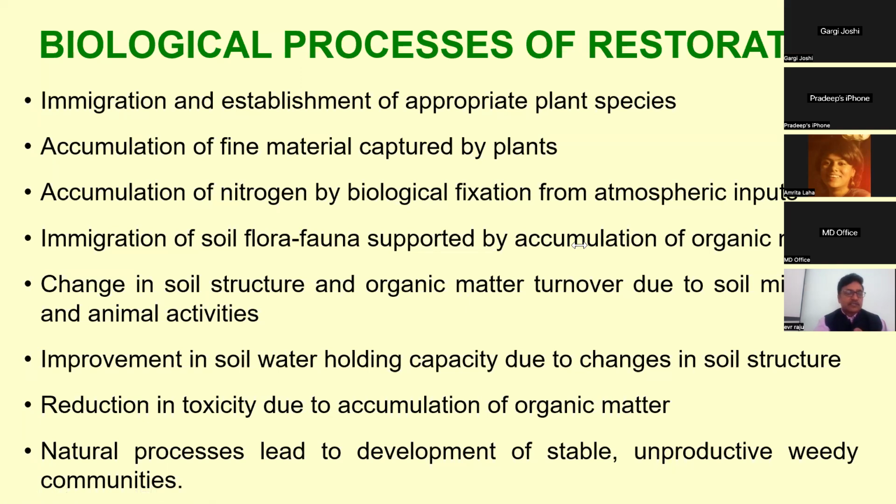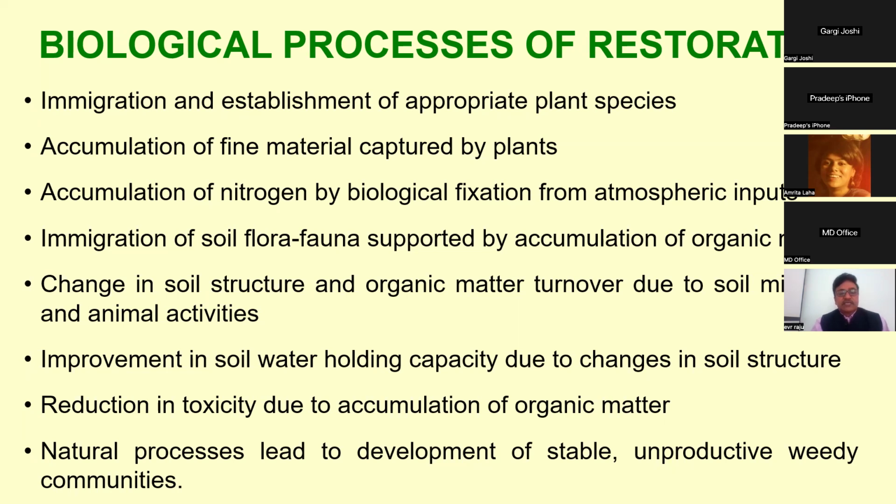There are species called colonial species that form colonies. They enter where the physical processes have started and are conducive. Once the plant species are established, the birds, small insects, and other animals start coming.